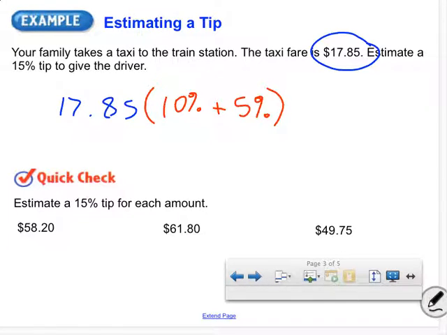Okay. So I feel like mentally you should be able to find 10% of something, right?